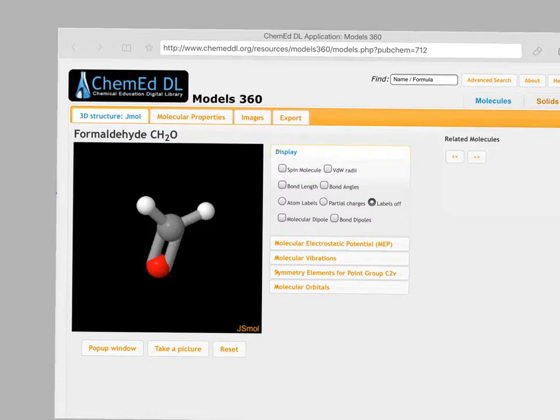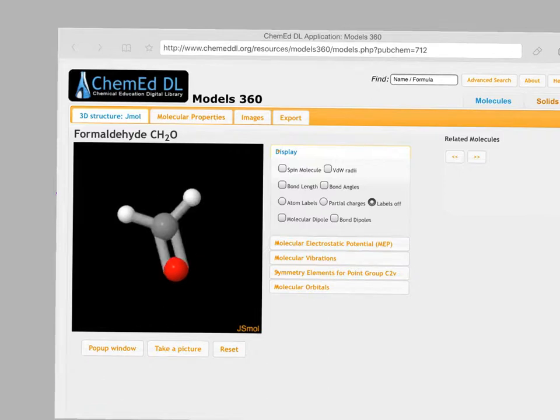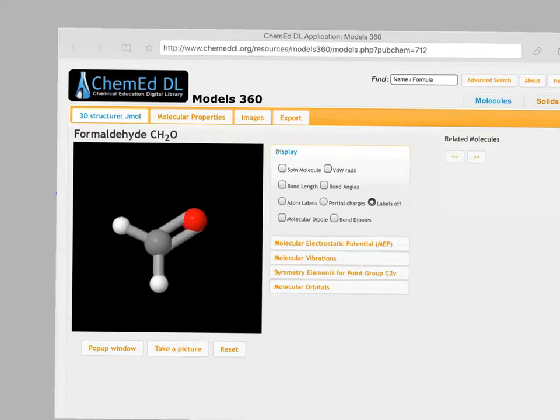We can see the bond dipole. It's going to do its thing, sorry. So I can turn this way so we can see it sideways. The bond dipole, there's not really much of a dipole on the carbon-hydrogen bonds, but there's a large dipole on the carbon to oxygen bond here going this way.